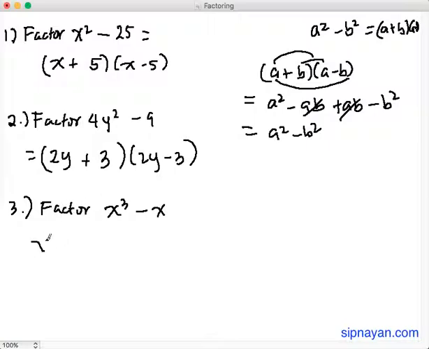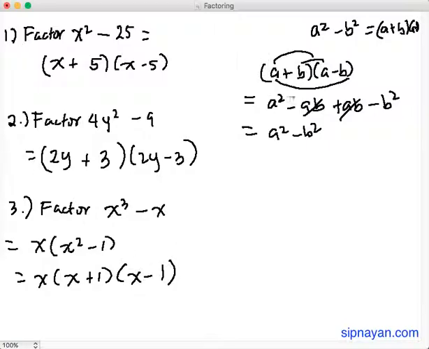This becomes x times x squared minus 1. And this is a difference of two squares, this one is a square, and this is also a square. So x times the quantity x plus 1 times x minus 1. Okay.